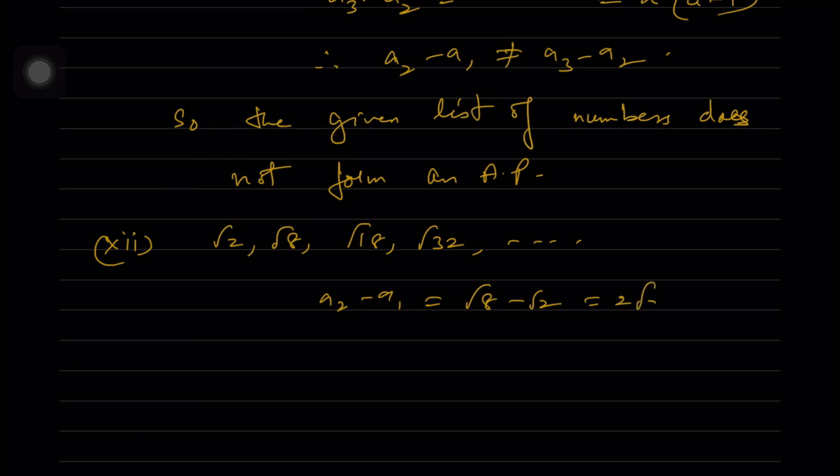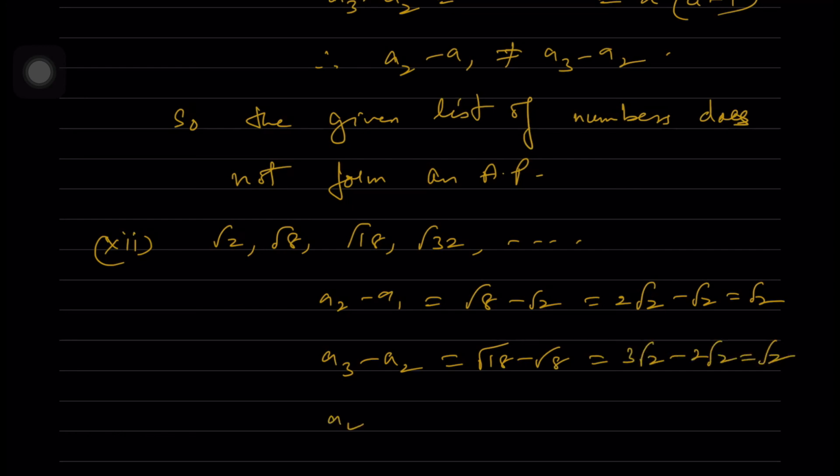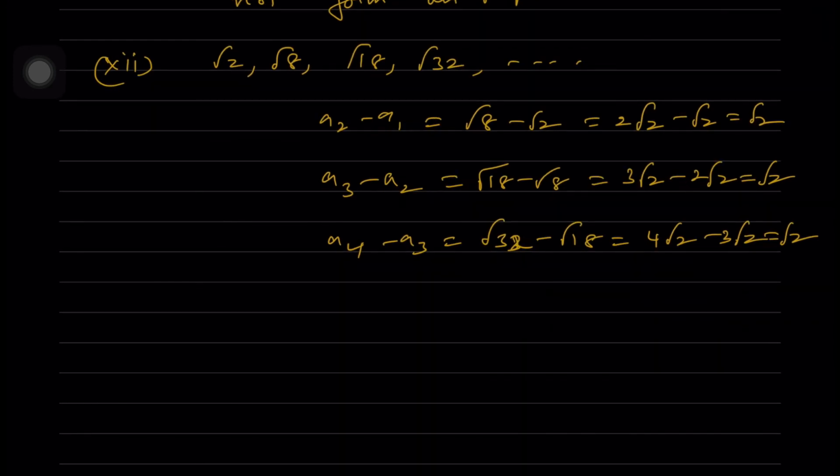So going into the next problem: root 2, root 8, root 18, root 32, and so on. So a1 is root 2, a2 is root 8, a3 is root 18, a4 is root 32. a2 minus a1 is equal to root 8 minus root 2, which is equal to 2 root 2 minus root 2, which is equal to root 2. a3 minus a2 is equal to root 18 minus root 8, which is 3 root 2 minus 2 root 2, which is equal to root 2.